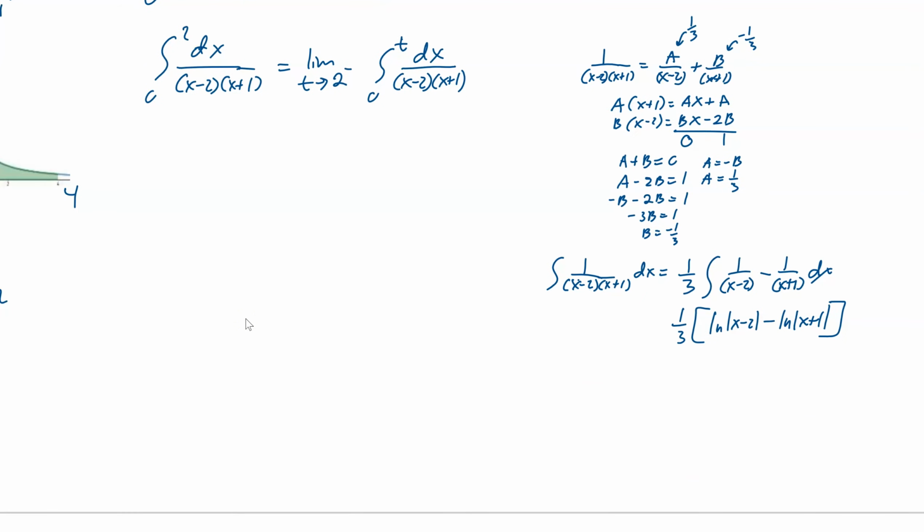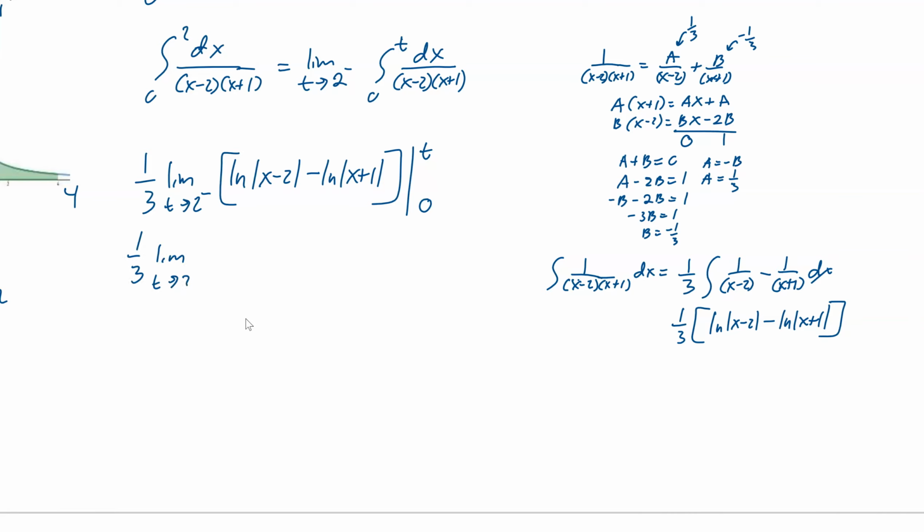So we have 1/3 of the limit as t approaches 2 from the left of the natural log of x minus 2 minus the natural log of x plus 1, from t to 0. So if we plug that in, 1/3 limit as t approaches 2. Now we're not approaching infinity on this one, so don't just start canceling stuff here and saying, oh, this is infinity.